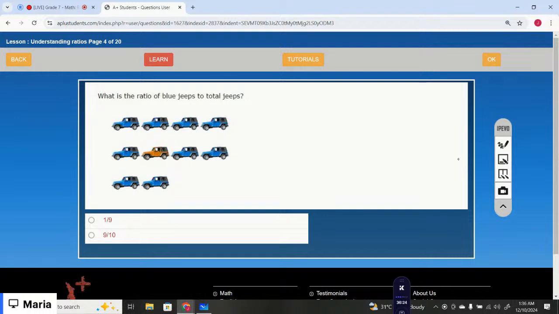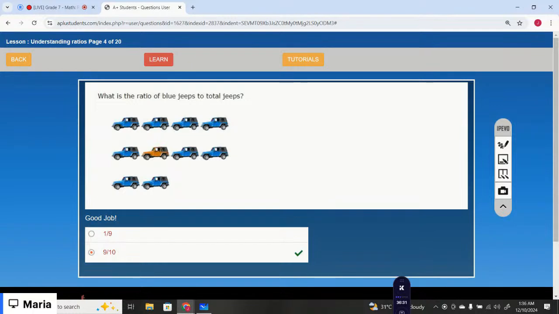Option number 2 is the correct option. You have 9 blue jeeps and 10 total jeeps. So that is 9 to 10. Option number 2 is the correct option, right?